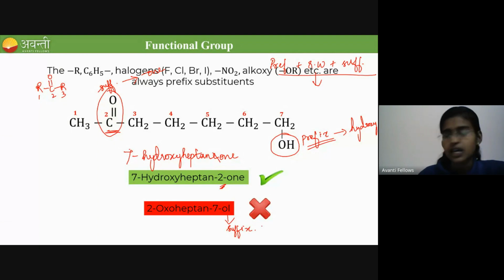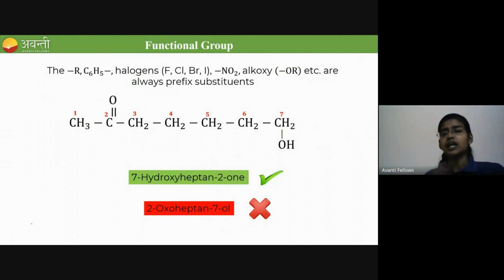The alkyls, halogens, nitro, alkoxy, all these compounds are always prefix substituents. Always prefix. Fluoro, chloro, bromo. In case of R group, methyl, ethyl, propyl, and phenyl, nitro, alkoxy.